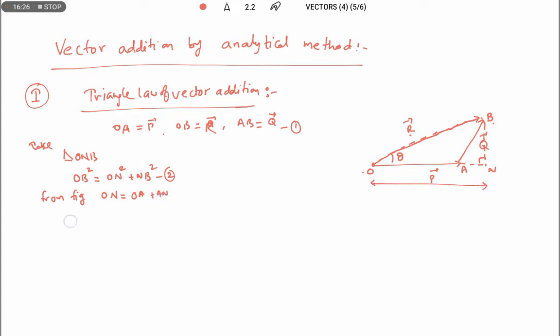Okay, substitute here. OB square is (OA plus AN) whole square plus NB square. So expand with the a square plus b square format: OA square plus AN square plus 2 OA AN plus NB square.